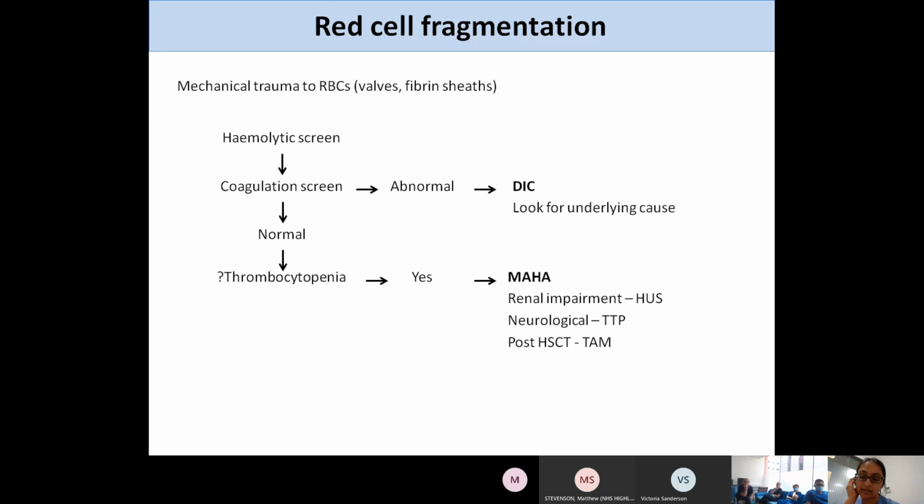And if it's post-transplant, then it's likely to be transplant-associated microangiopathy. If they have a normal clotting and a normal platelet count, then look for external mechanical breakdown. So what I have seen is metallic heart valves can cause fragmentation of the red cells. And if it's causing a hemolytic anemia, which is transfusion dependent, that is a sign that the heart valve needs to be replaced.